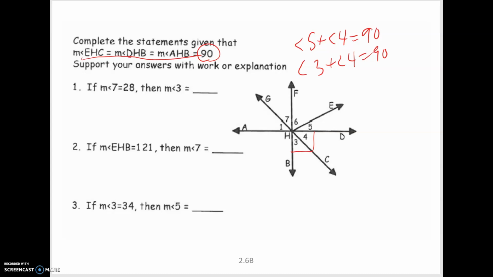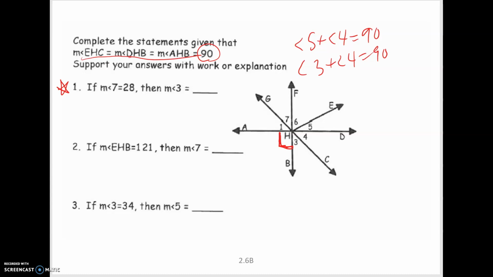And AHB, this one right here is also a right angle, 90 degrees. Then I want you to decide how much these other angles are. These are separate problems, so you're going to look at number 1 all by itself. Even if the same angle is repeated in the next problem, it's a separate problem.